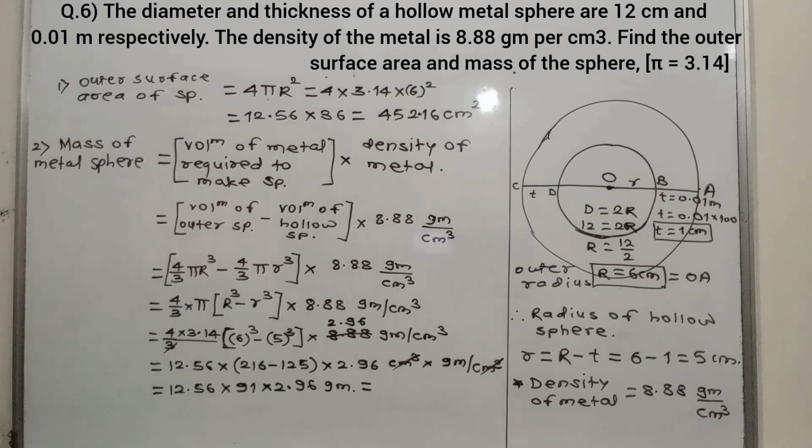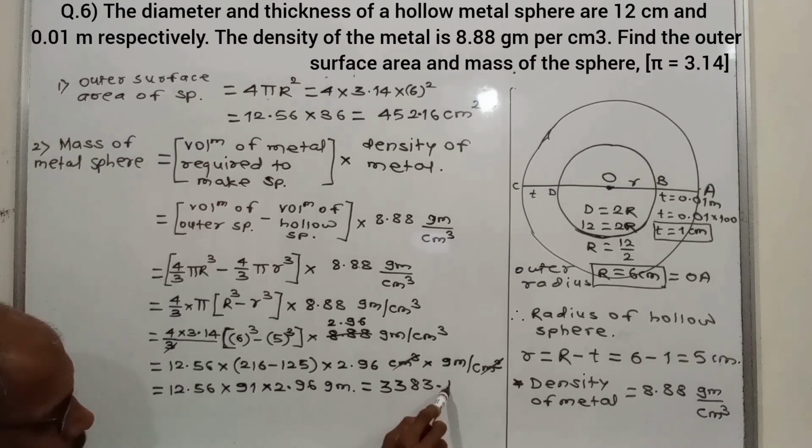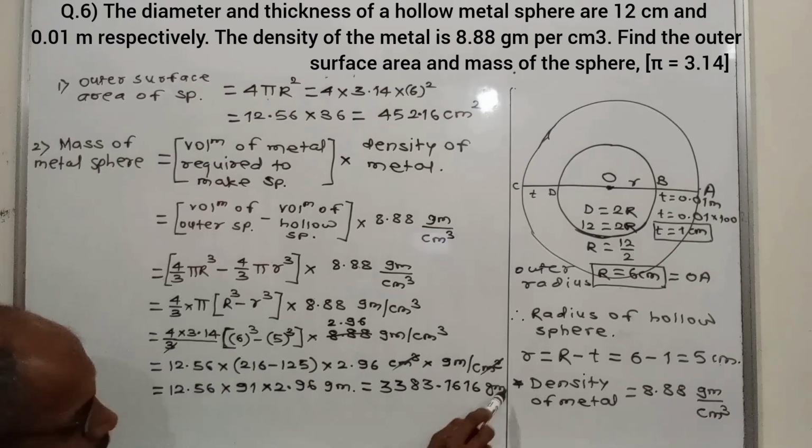What is 12.56 into 91 means 1142.96 into 2.96 means our answer is 3383.16 gram.